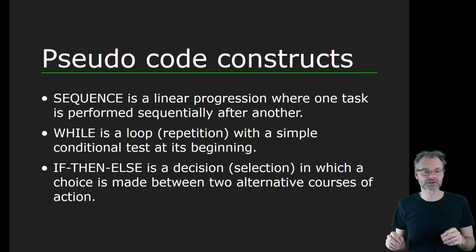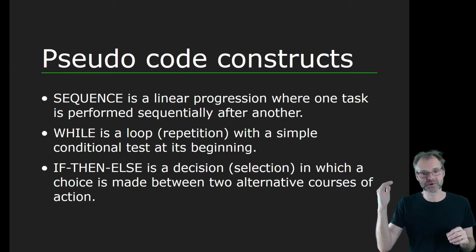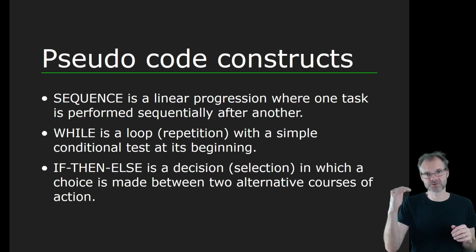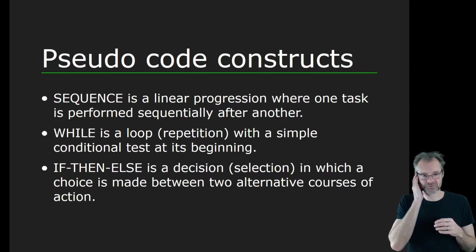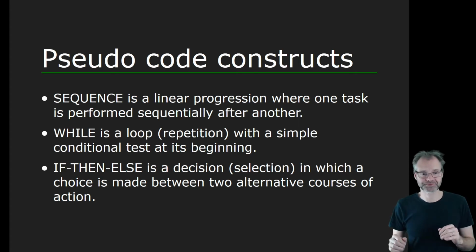So pseudocode constructs, basically you will go very far with only these. Sequence, that is a linear progression where one task is performed and then comes another task and then comes the third task. So that is a sequence of tasks. I could call it statements if I was in a programming language, but let's keep it a sequence with tasks.